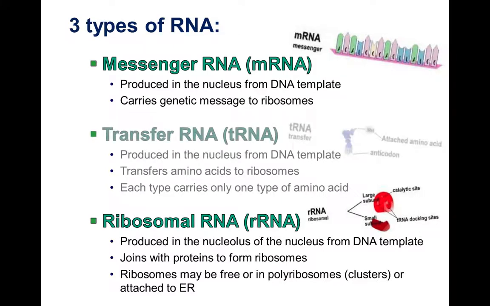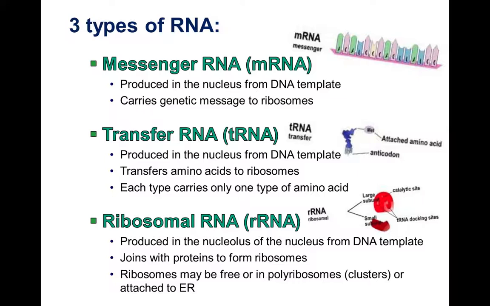Now, our last one, transfer RNA, which is also known as tRNA, is actually what helps to make these proteins. Proteins are made of amino acids, as we discussed. So essentially, protein is just a chain of amino acids.